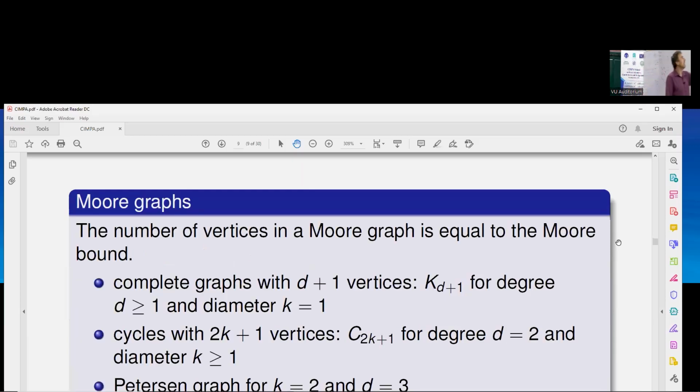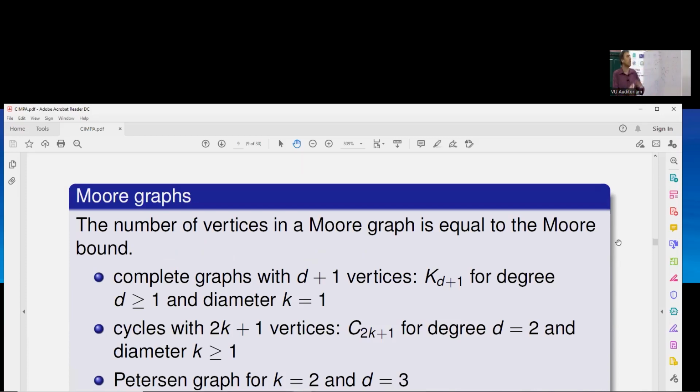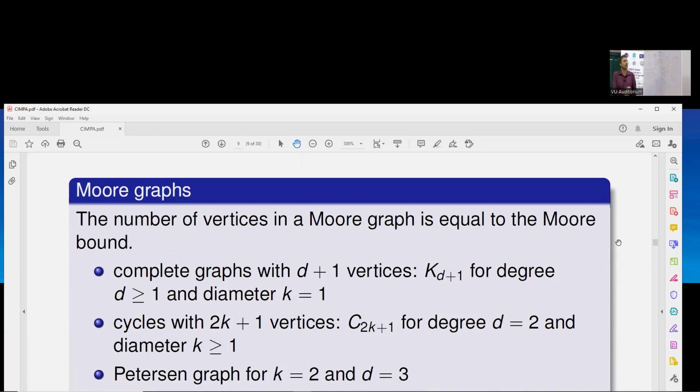Okay, so now Moore graphs. Moore graphs are also very famous graphs in graph theory. The name is quite famous, and they are extremely unique.